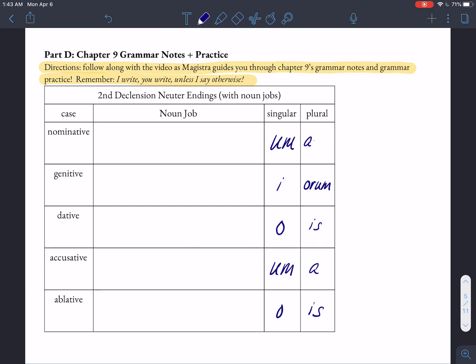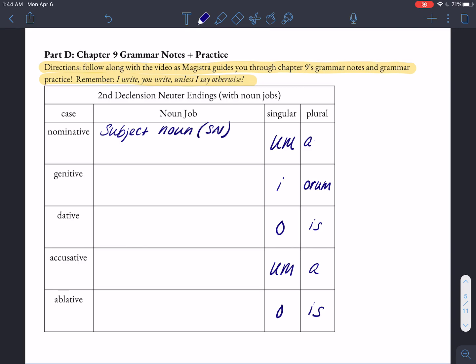Now, this week we have a new column to add to our chart. That's this column here, the noun job column. So please fill in as I do. Write what you see me writing. In the nominative square, that's going to be this one here, you're going to write subject noun, SN.